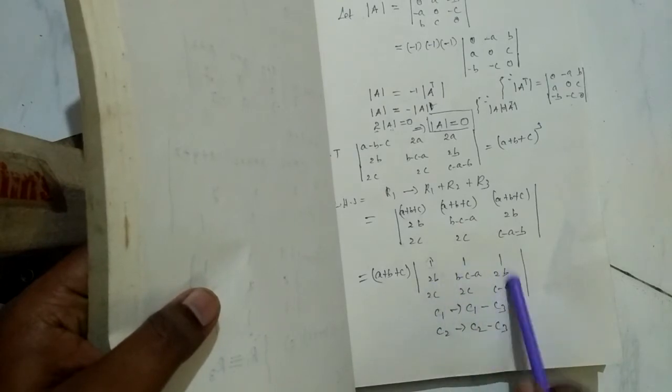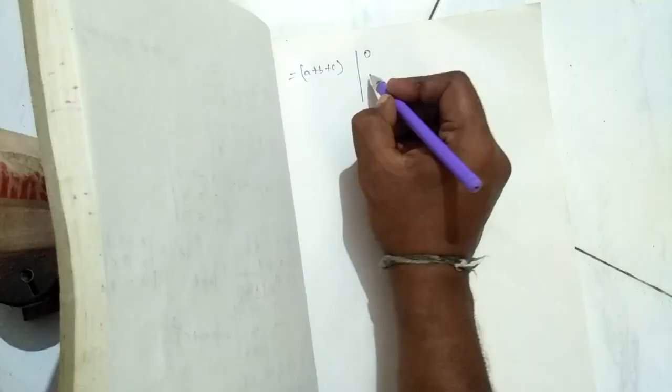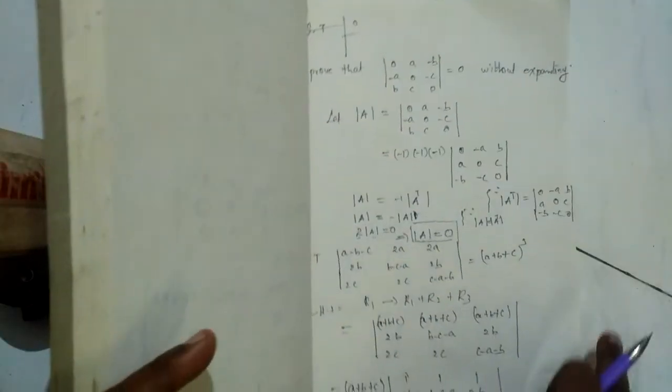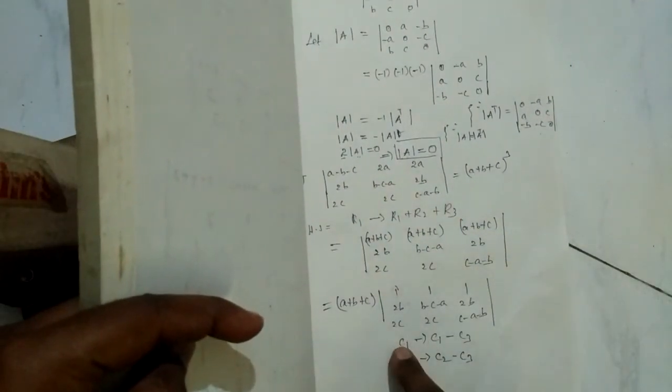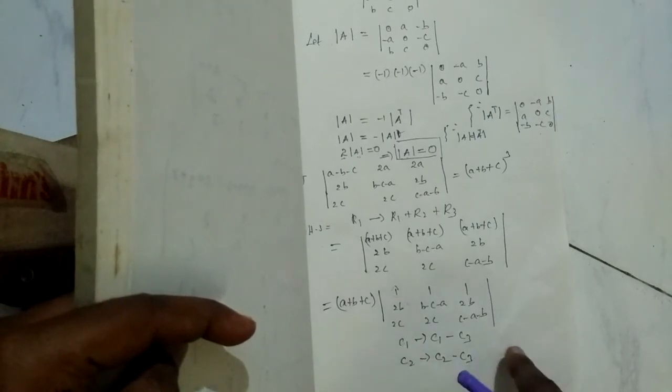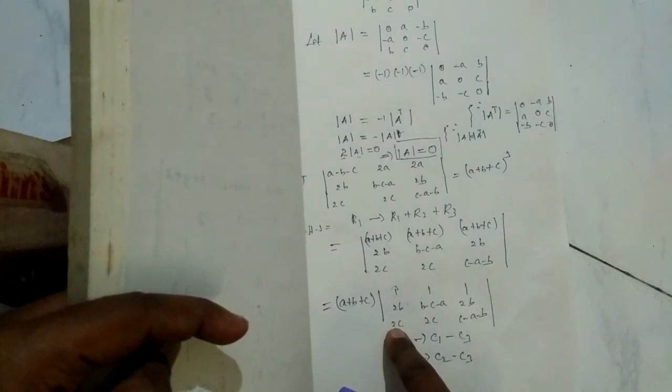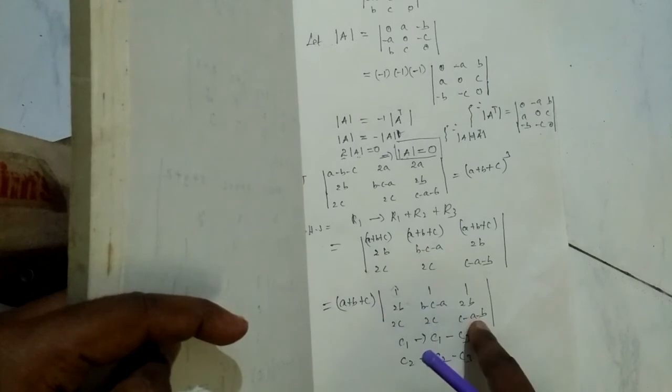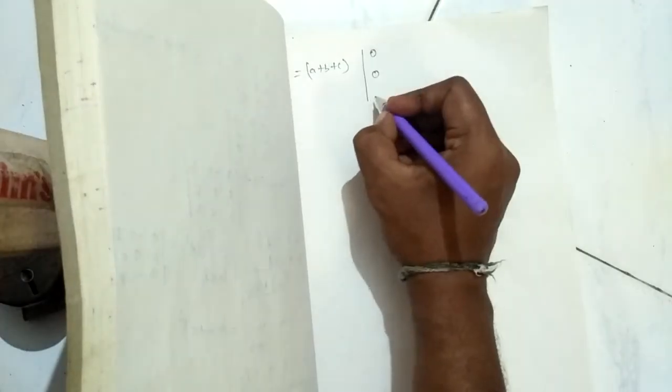If you subtract, both will become 0, so it is going to be 0 here. Again, C1 and C3 we are subtracting, 2C and this one, this minus of that one, that means you will get here A plus B plus C.